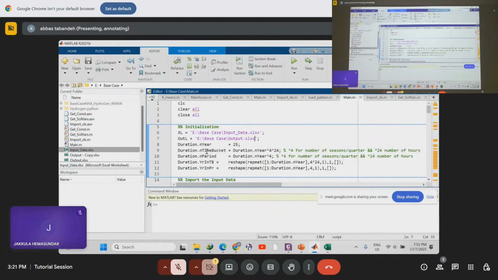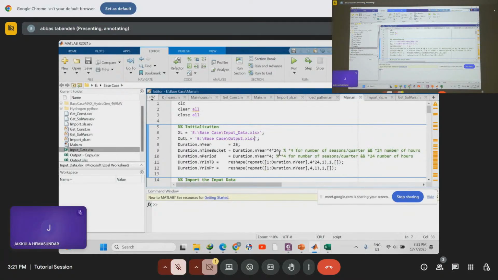Therefore, we need to multiply the whole period, which is 25 years, by 4 quarters by 24 hours. So this one shows the total planning hours, which have different characteristics.